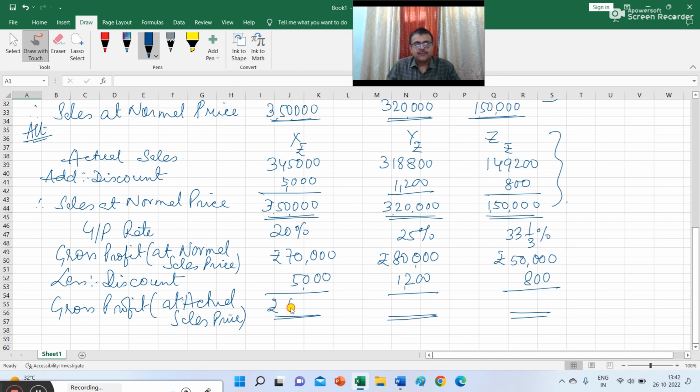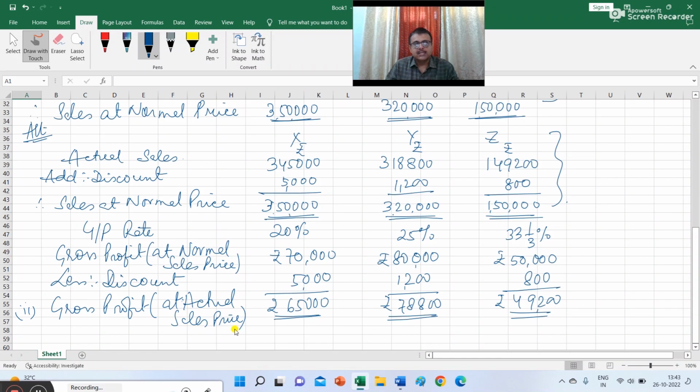This is 65,000 for department X, 78,800 for department Y and 49,200 for department Z. So this is the second part of the question, point number 2, that is we have to calculate the actual gross profit.